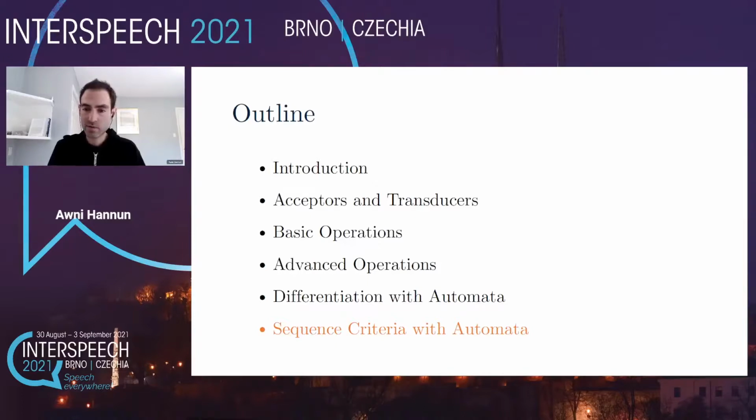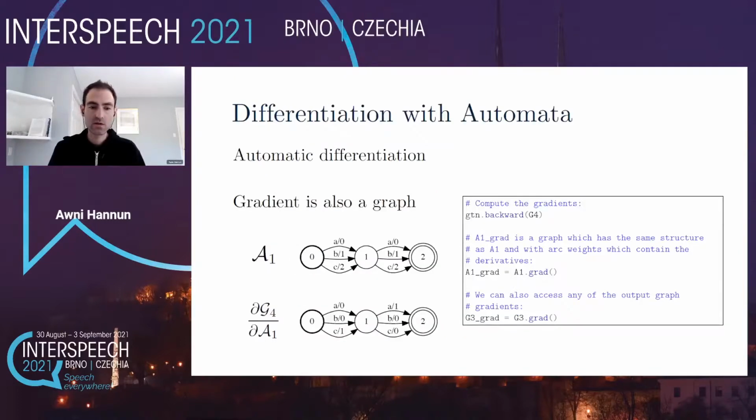Second question from Jan. I'm wondering about the differences between the forward and backward algorithm. Could you please contrast those? Oh, I see. Okay, yeah. So this is a good question. In GTN, there's this backward function, and then there's the forward score.